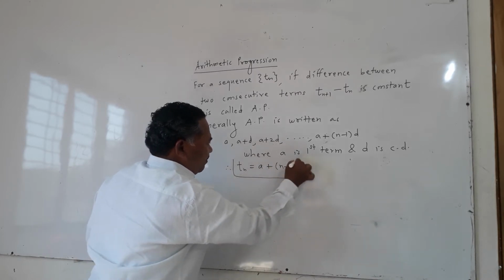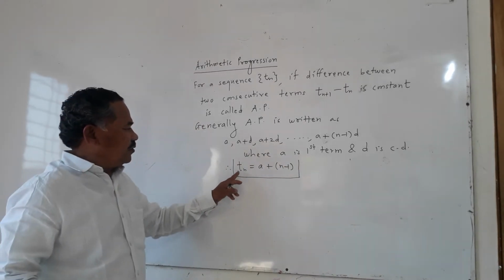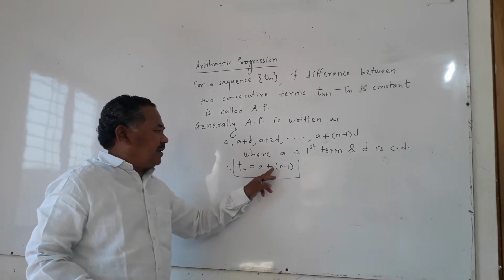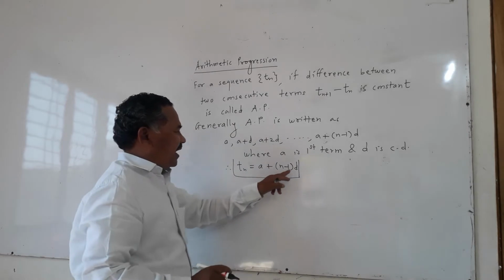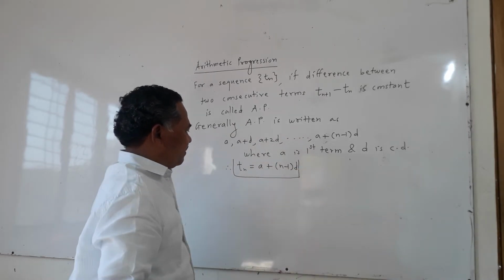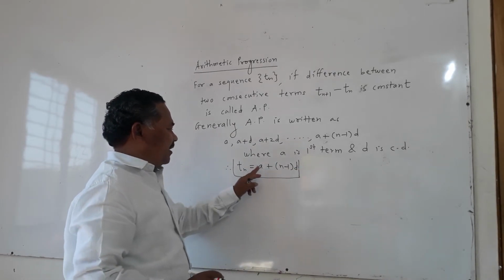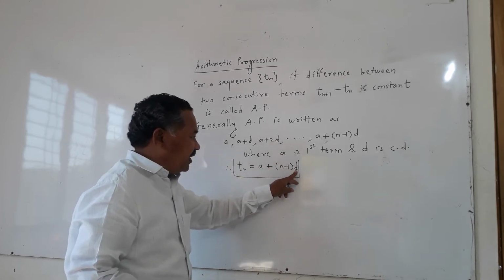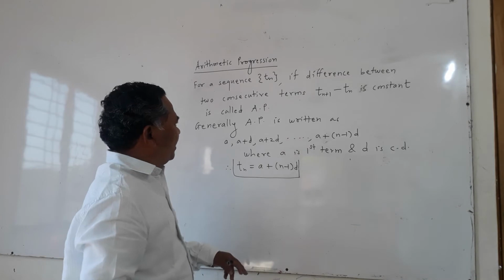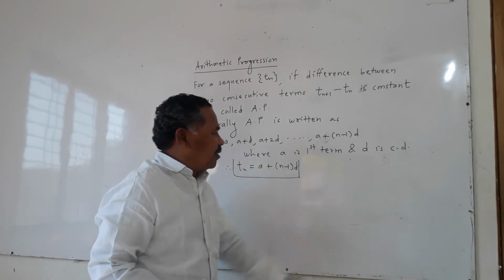Remember this formula carefully: Tn equals a plus (n minus 1) into d, where a is the first term and d is the common difference.